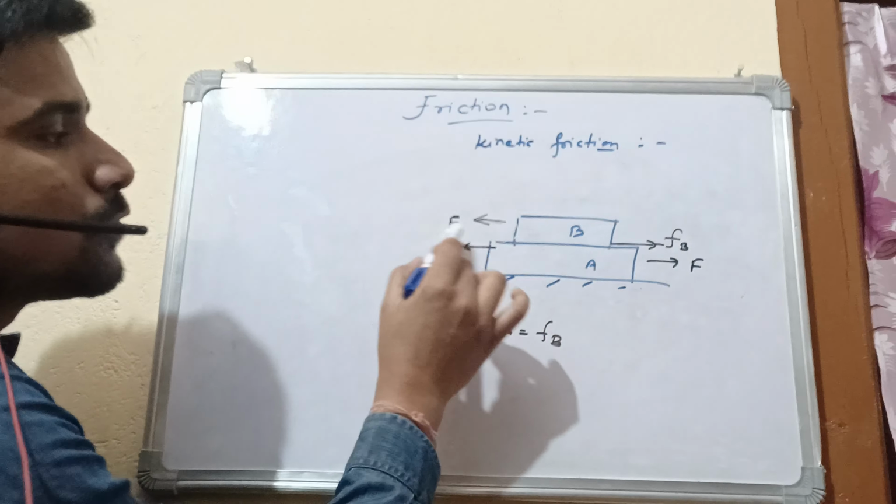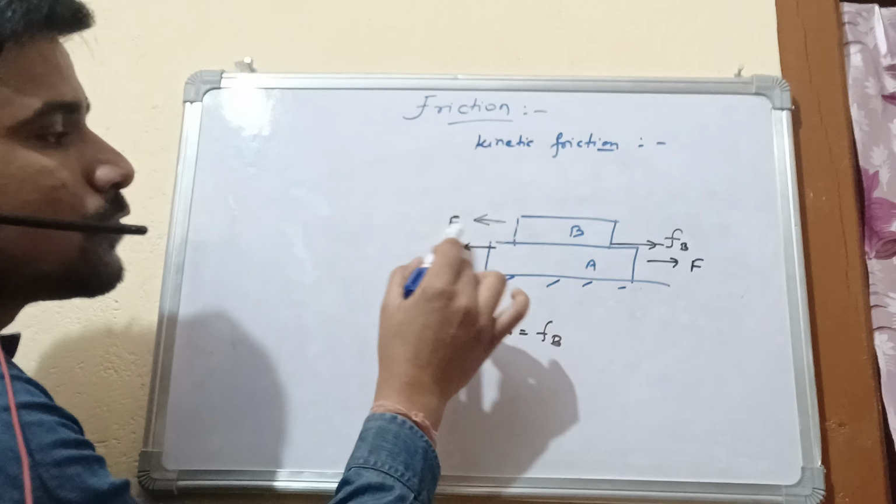Now, for example, let's say there is a surface, and then the block is kept horizontally like this on this surface, right? If I keep this same block vertically, will the friction change?